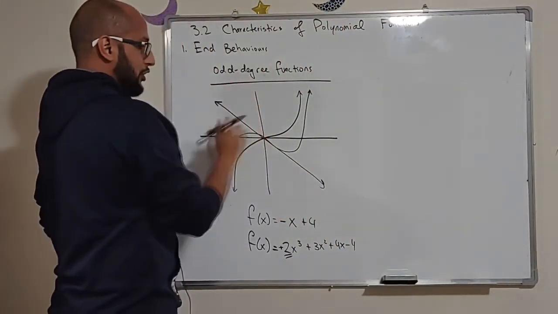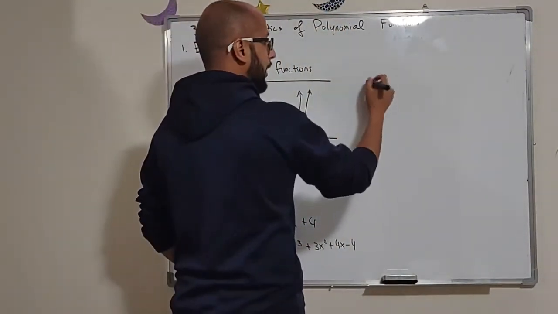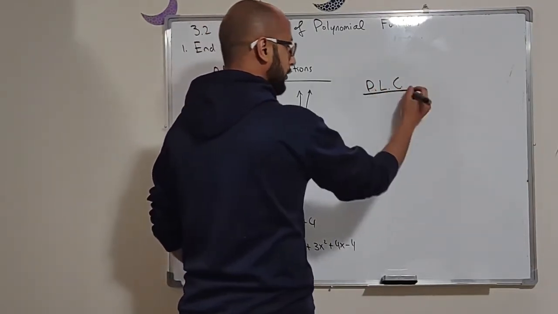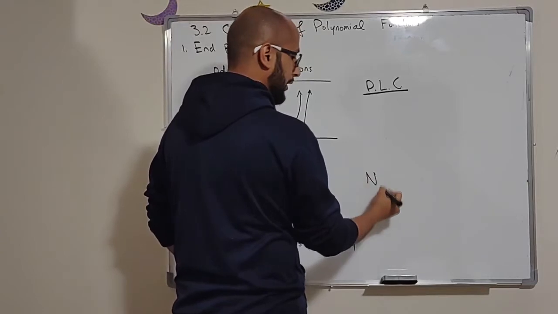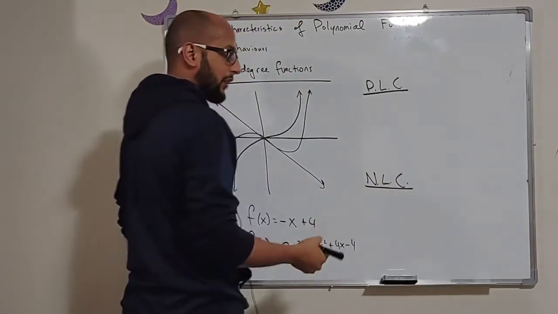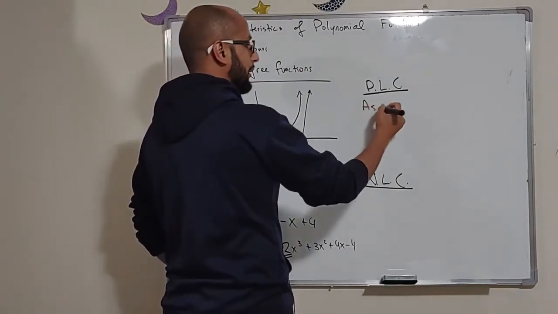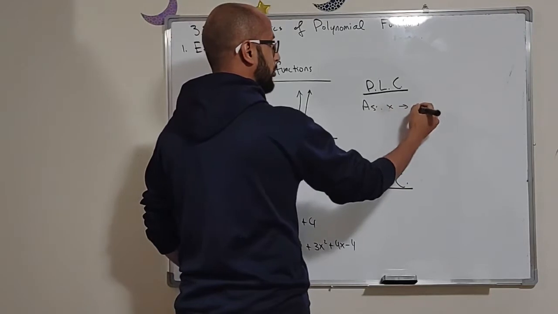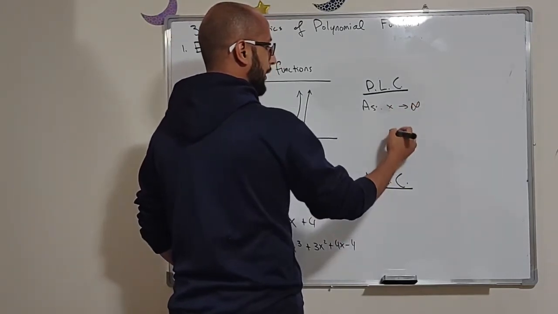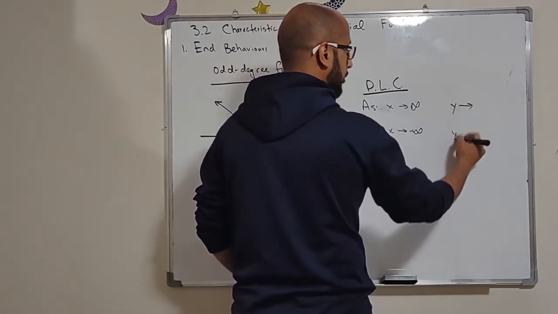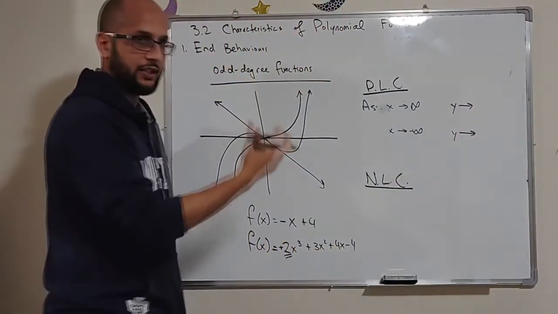For odd degree functions, if you have a positive leading coefficient, you'll have one type of end behavior. A negative leading coefficient will have a different kind of end behavior. The end behavior we know, we start with as x approaches infinity, and as x approaches negative infinity, what will y approach? That's our question.